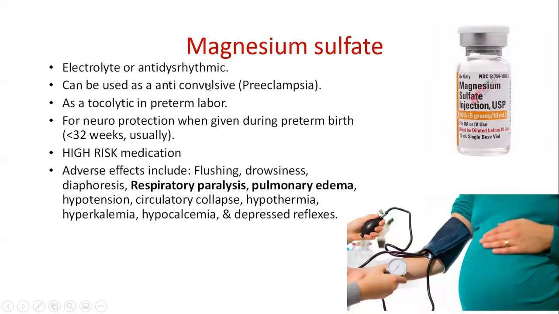Convulsion means seizure. When a patient has a seizure with high blood pressure, it is called eclampsia. Without convulsion, high blood pressure with pregnancy, we call pre-eclampsia. It is also used as a prophylactic in preterm labor, and for neuroprotection when given during preterm birth.